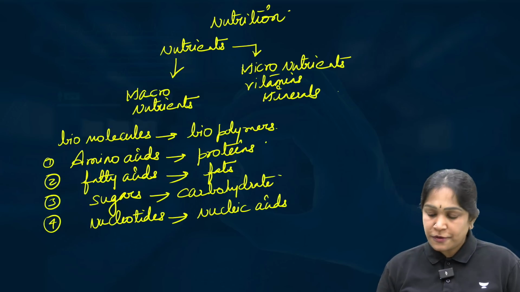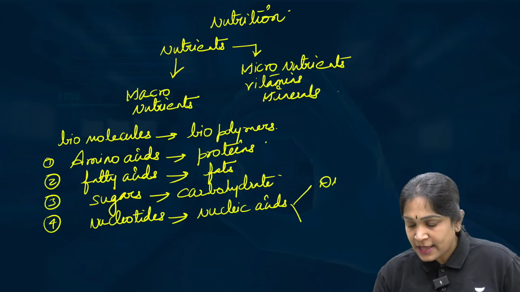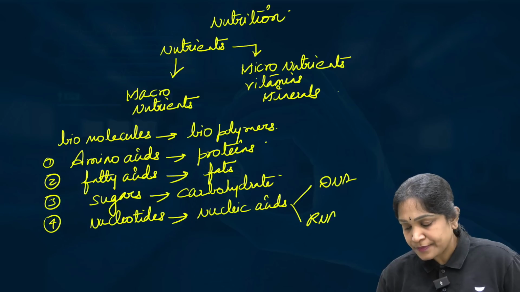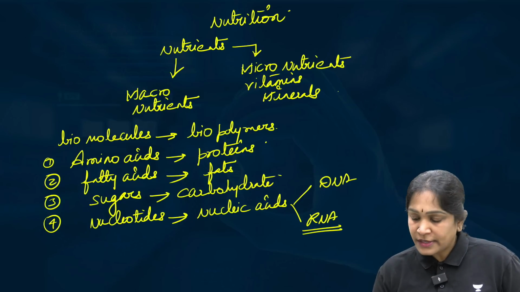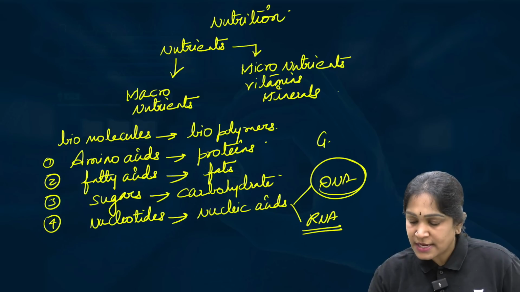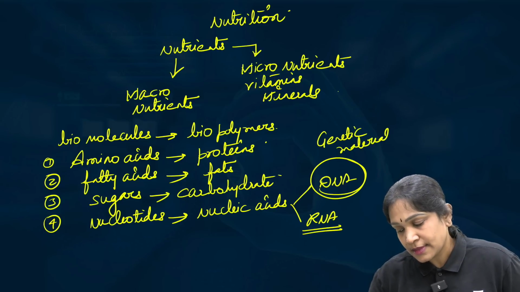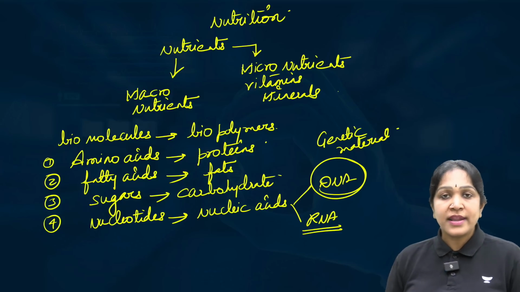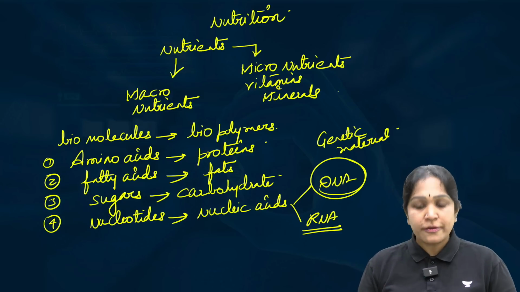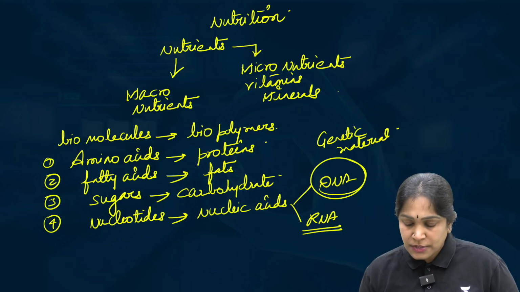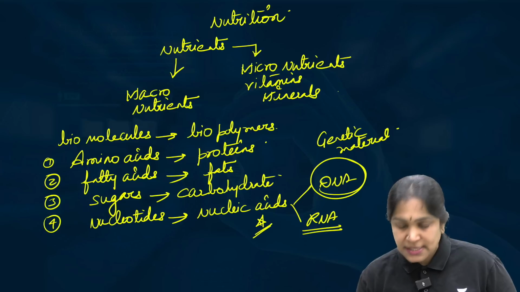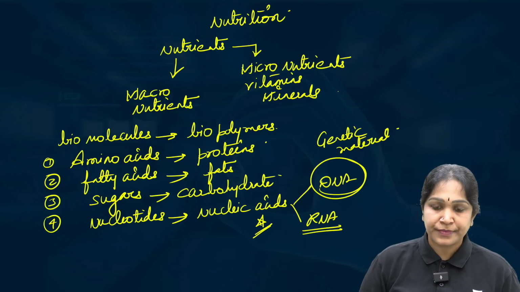We have two types of nucleic acids, DNA and RNA. As you all know, DNA is our genetic material. Means we can conveniently say that out of all the four biopolymers, the most important biopolymers are the nucleic acids.